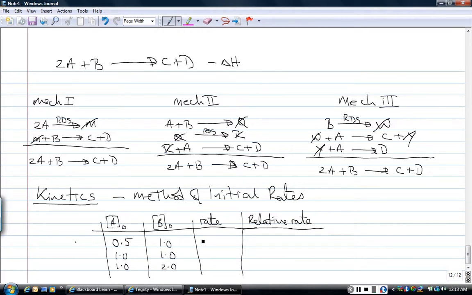So let's say I find the rate to be, let's say, 4 by 10 to the 2, whatever my units are.